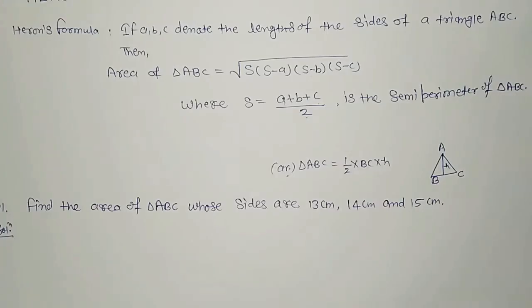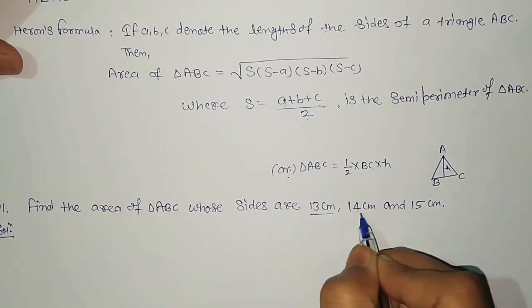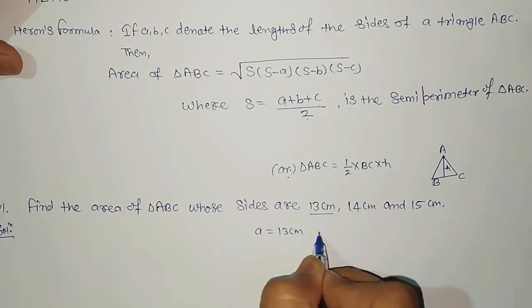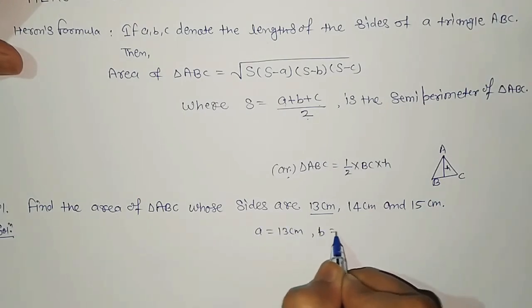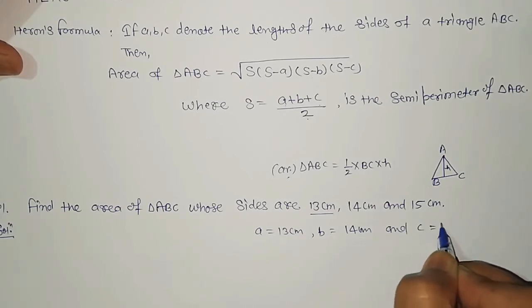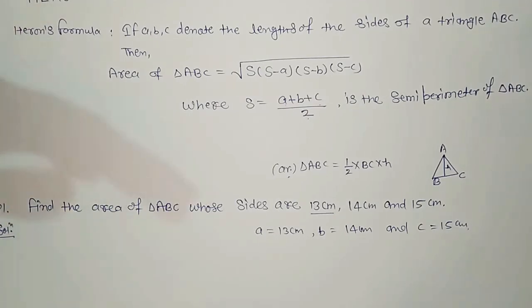And how to use the Heron formula? This is one question. Here sides A, B, C are A equal to 13 cm, B equal to 14 cm and C equal to 15 cm. Then we use the Heron formula.